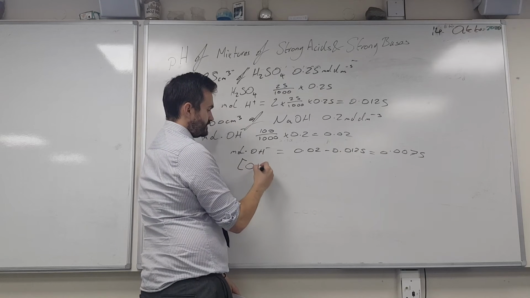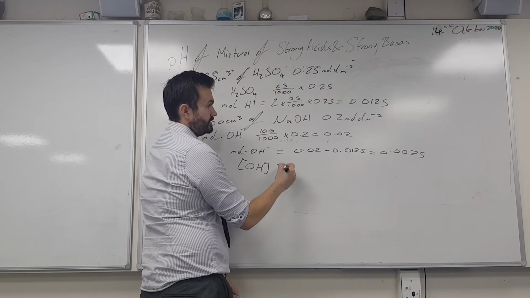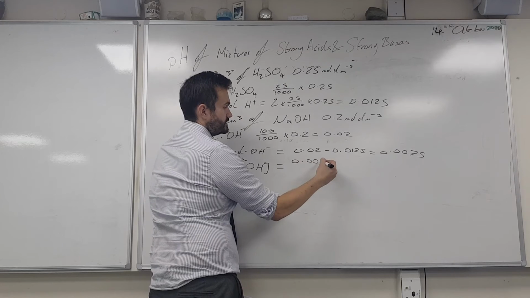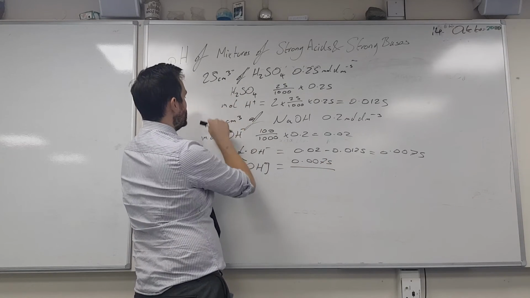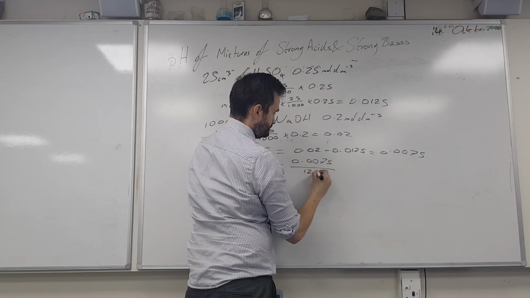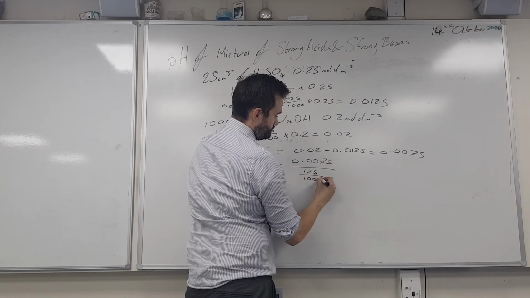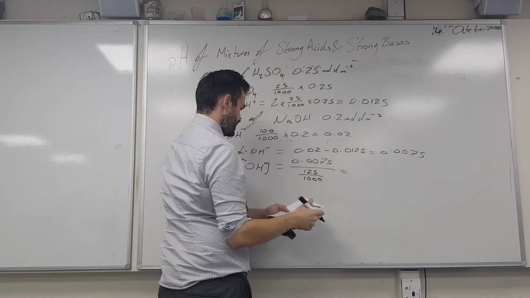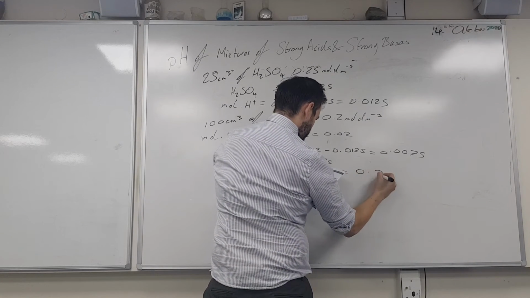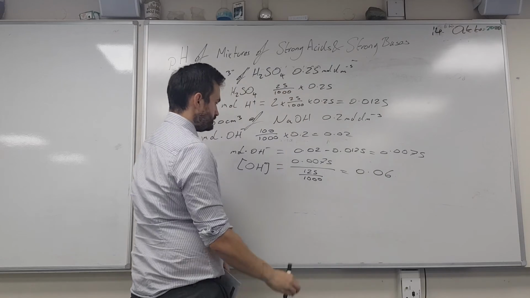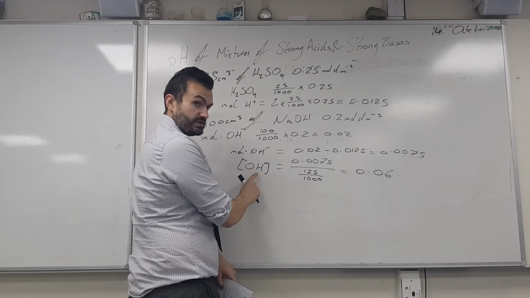Our concentration of OH minus is 0.0075 over the total volume of 125, and that gives us a concentration of OH minuses of 0.06.